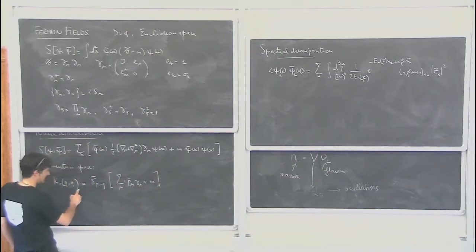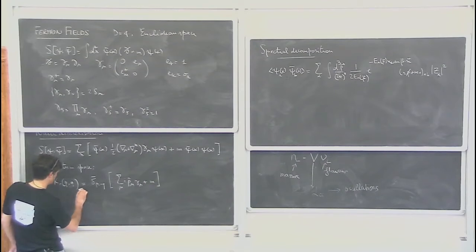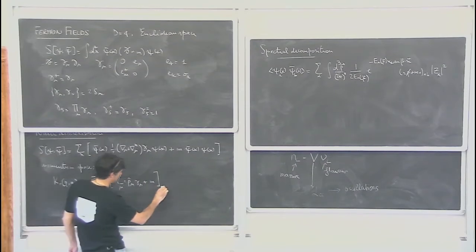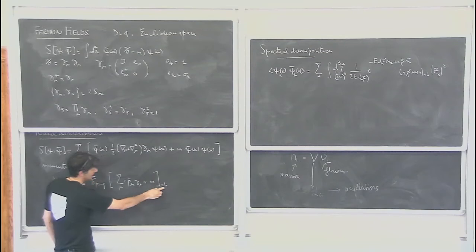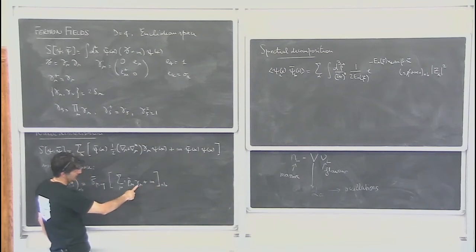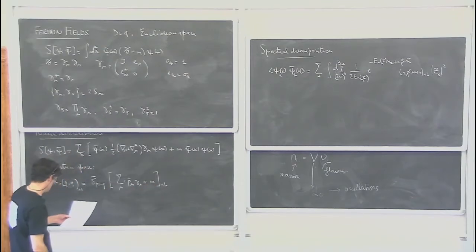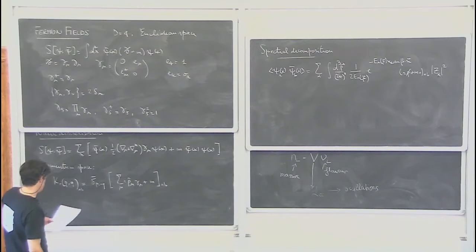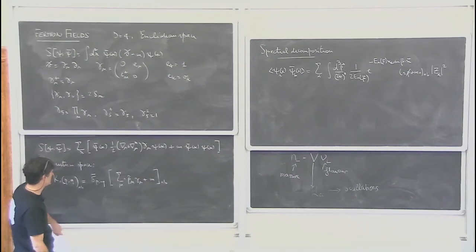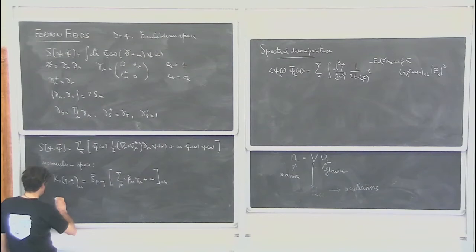So remember, this is going to have spinor indices A and B. In this case, the spinor indices refer to the gamma matrix, and you should think of this as being the identity in spinor space. Okay? So that's my propagator. Let me tell you what P tilde is.